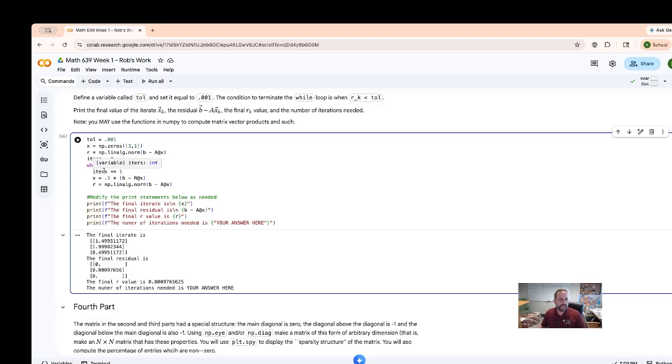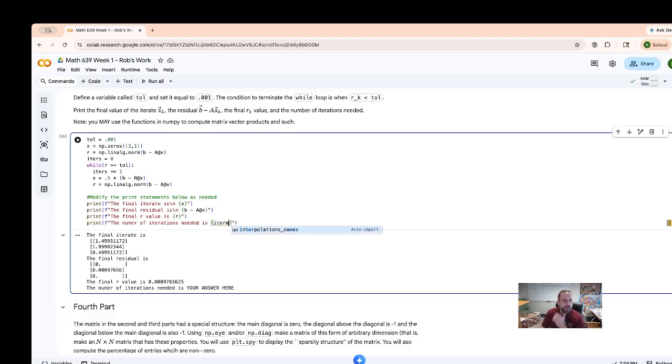This notation here, iters += 1, just means iterations equals iterations plus 1. In C++ you can do iters++, but there's nothing like that in Python. And down here, we're going to put the number of iterations.